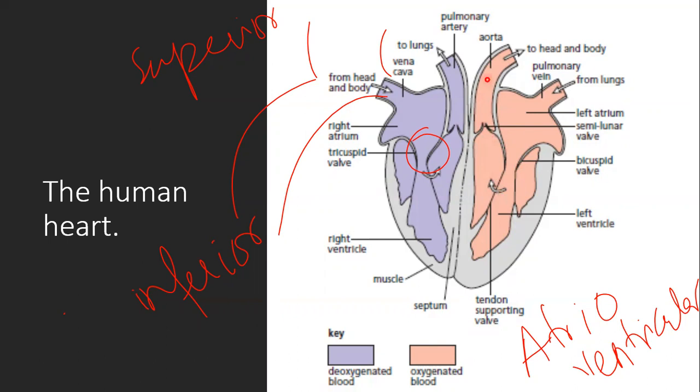Once all of the blood has passed on to the aorta, the semilunar valves will close again, so the blood cannot flow back. After that, the blood is going to be carried on to the rest of the body. This is basically our cardiac cycle.